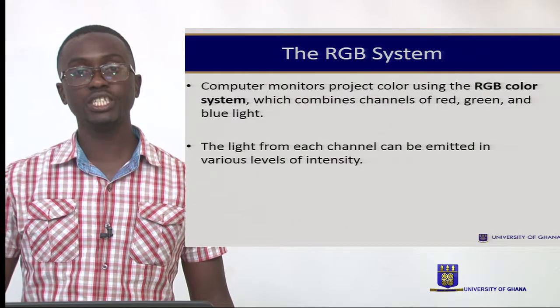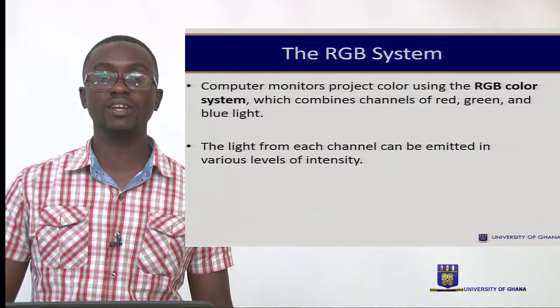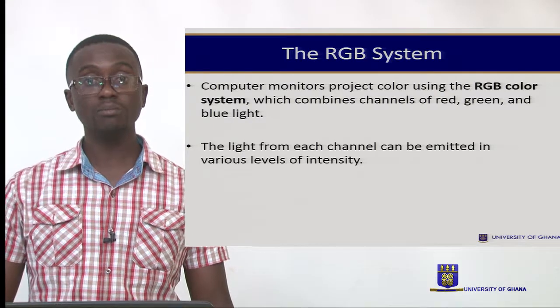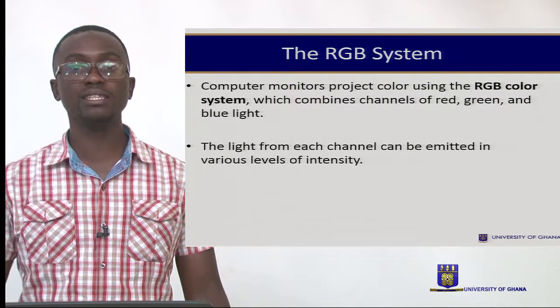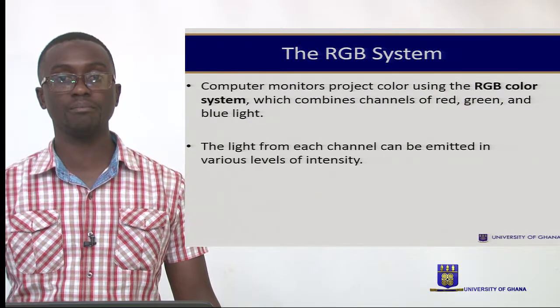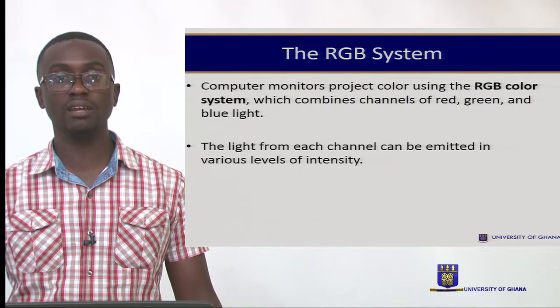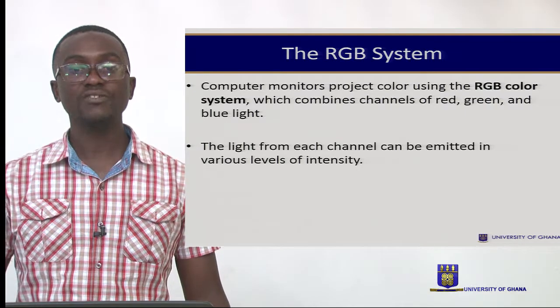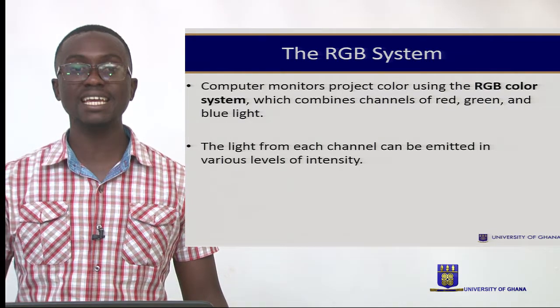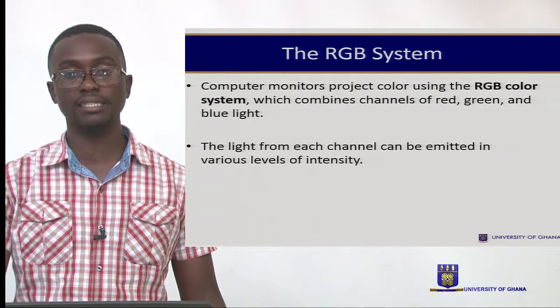The RGB system, that is the red, green, blue system. Computer monitors project color using the RGB color system, which combines channels of red, green, and blue light. The light from each channel can be emitted in various levels of intensity.